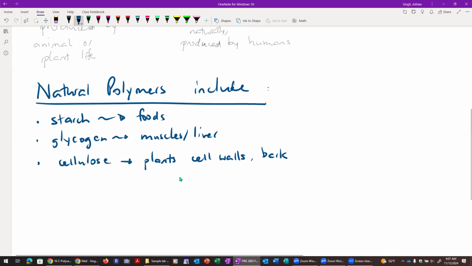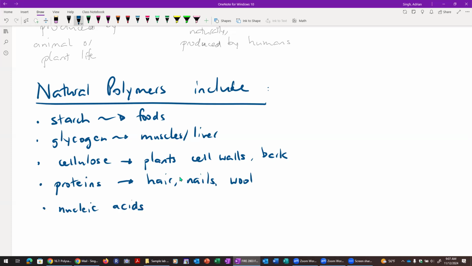Very common. There are also things like proteins. Those are polymers as well. Proteins you find in your hair, your nails, maybe wool that is made by sheep, for instance. And there are also things called nucleic acids. These include things like your DNA, RNA.